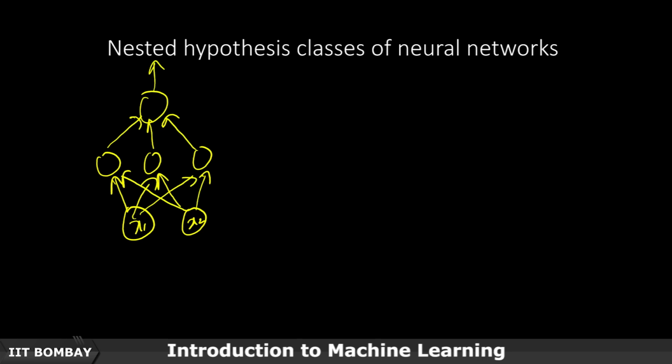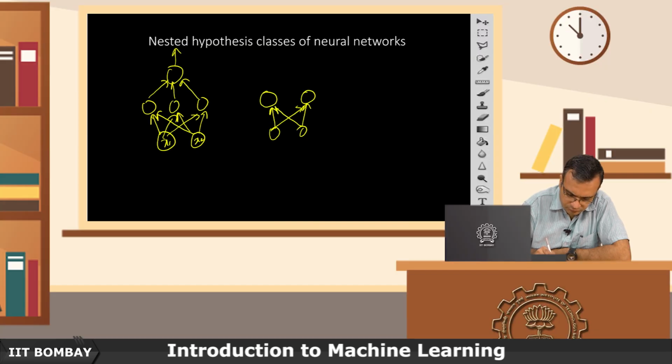I'm just using classification as an illustrative example, but it is also applicable to regression. Compare this to if I have only 2 hidden neurons. Okay. So the hypothesis class of 3 hidden neurons is a superset of the hypothesis class of 2 hidden neurons.